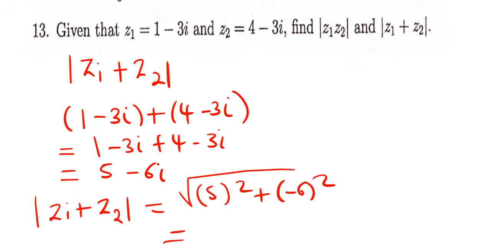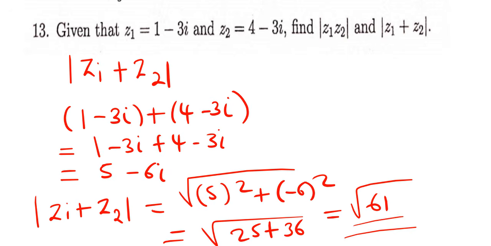Then we solve. 5 squared is 25, plus negative 6 squared is 36. 25 plus 36, that is 61. That would be the square root of 61. So this would be the final answer.